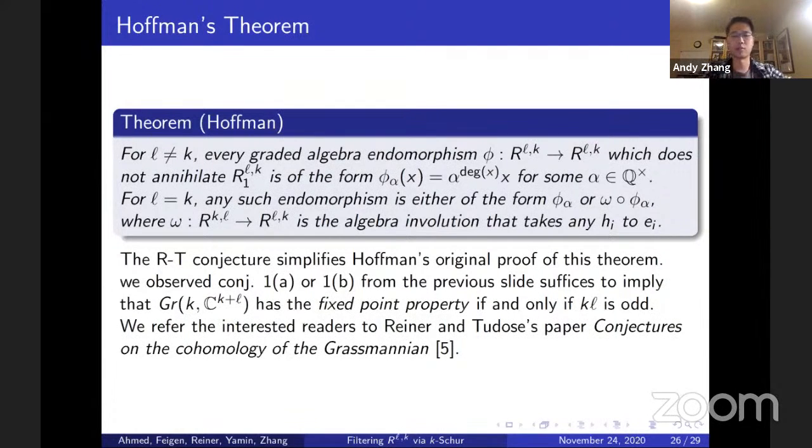And the original argument depends on very heavy machinery from algebraic geometry, like the Hard Lefschetz theorem and some other things. By characterizing the Hilbert series of each subalgebra of the cohomology ring, Reiner and Tudose were able to deduce the Hoffman theorem very easily. And we refer the interested reader to Reiner and Tudose's original paper.